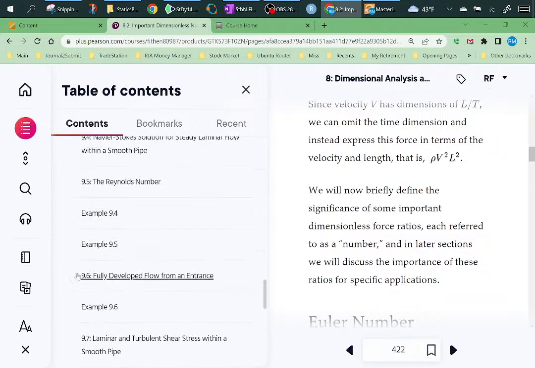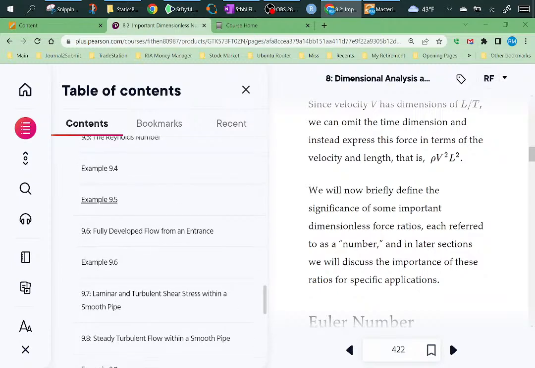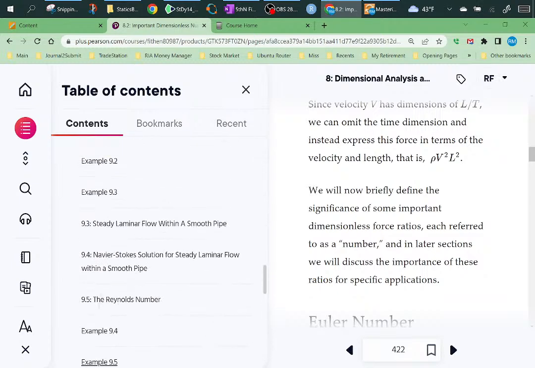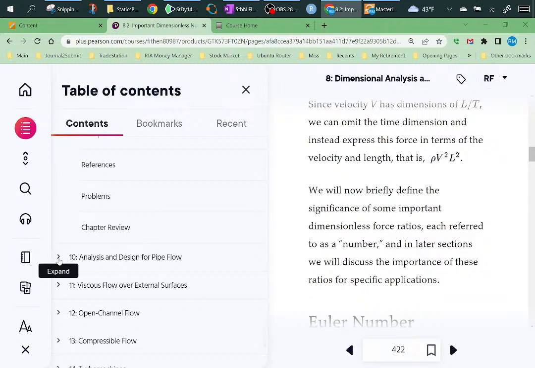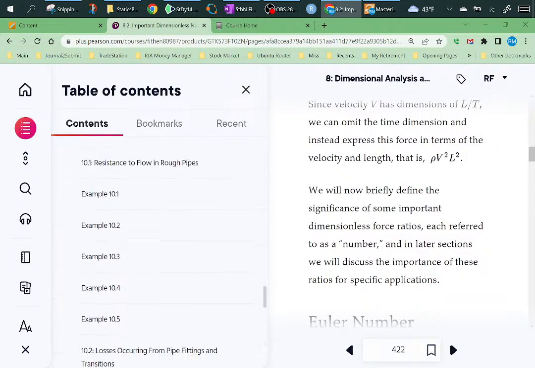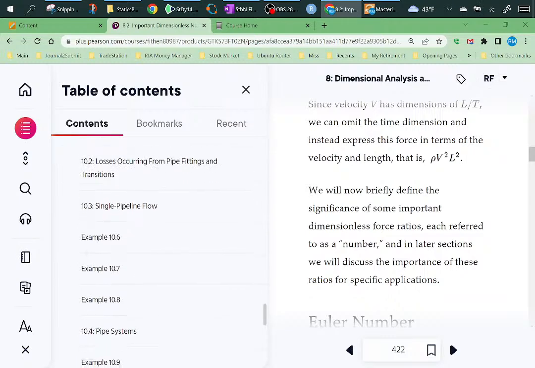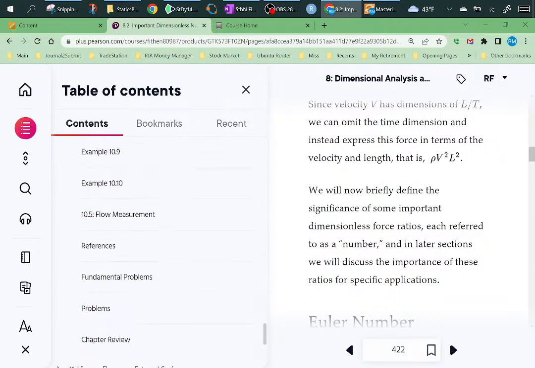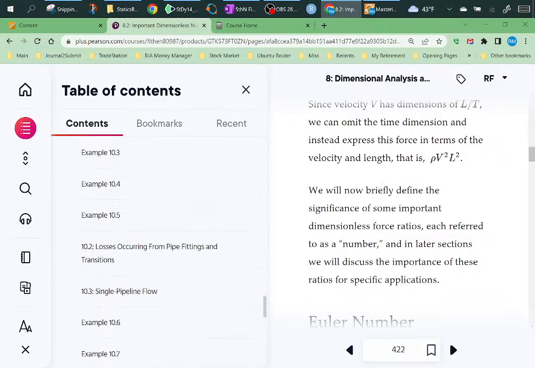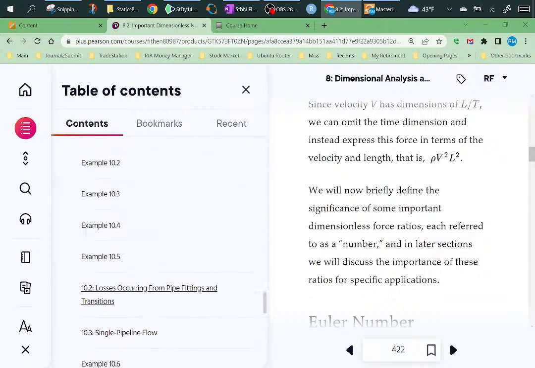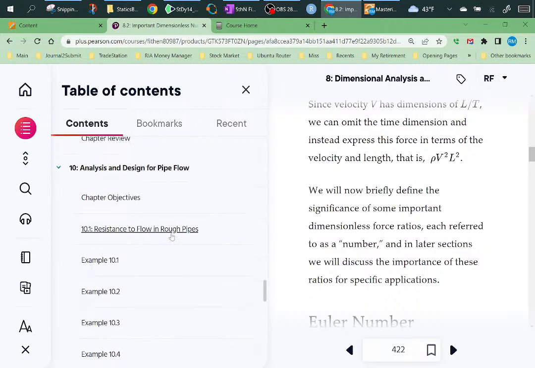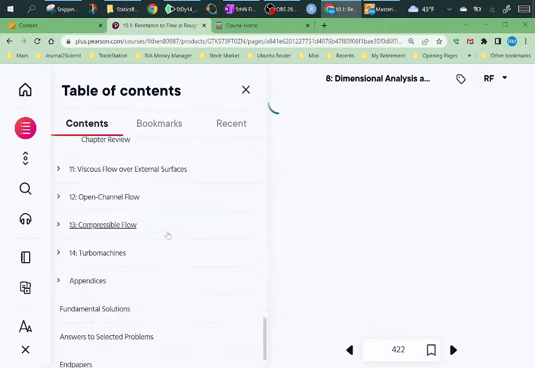There he talks about the Reynolds number, which we already did. What I'm looking for is something called the Moody diagram, and that may be in here. He may not be listing it at this point. You know what? I don't think he is. Okay. Pipe fittings and transition. Okay. It might be right in here.